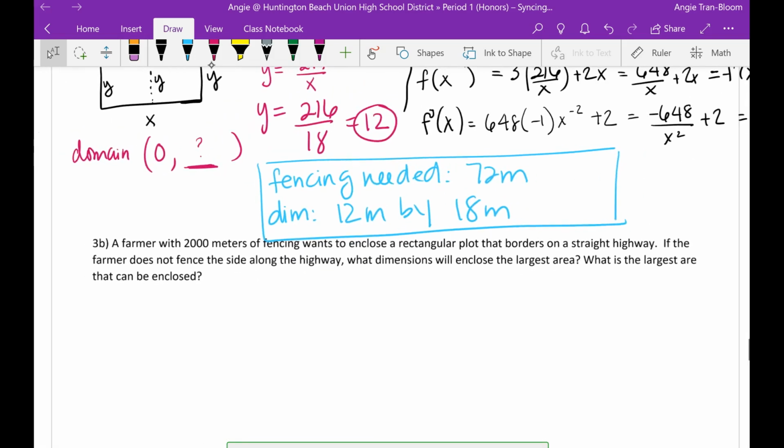This is like one of your earliest test questions. Remember the river problem?